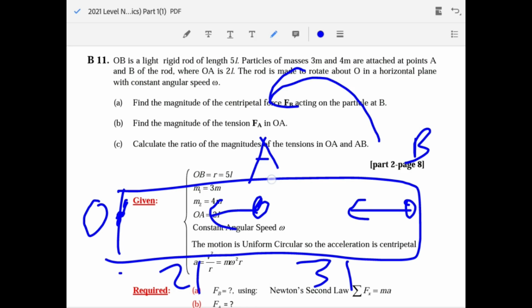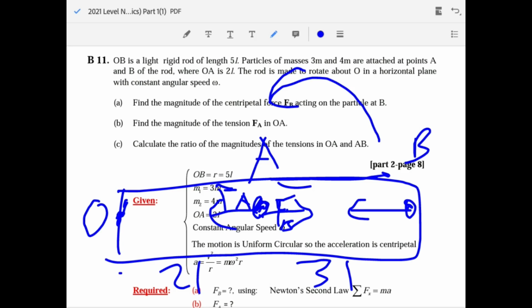So at this portion, which is AB, there is only one force contributing to the tension, and that's the centripetal force at B. But at OA, there is another force at A. So for A, you have FA plus the one at FB.